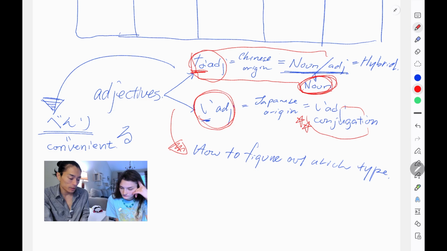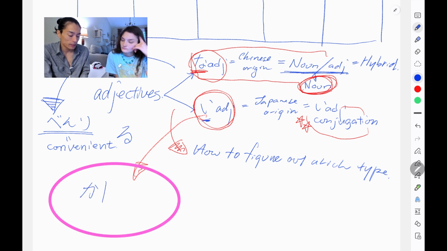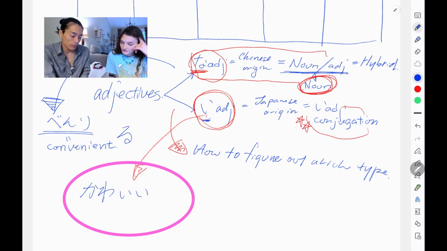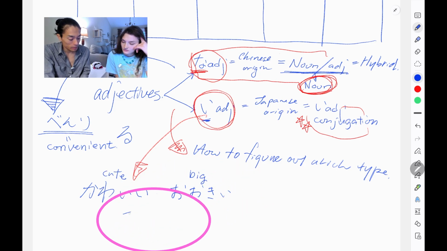For example, i-adjectives are easy. Let me list some of them. The famous kawaii. You know what it means? Cute. Good. What about ookii? This is big. Oishii. Do you know oishii?